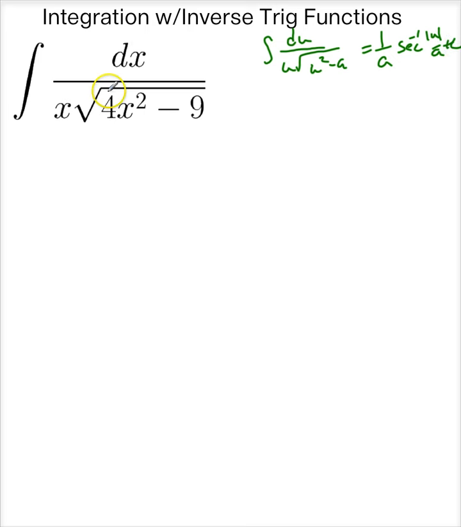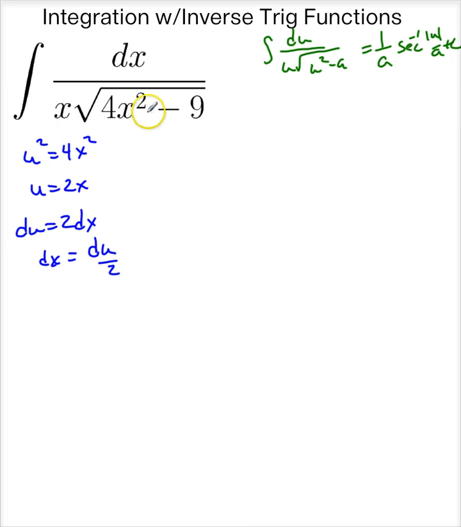So let me break this up. This is always going to be u squared. So u squared is 4x squared. So u is 2x. Du is 2 dx. So dx is du over 2. Now a squared is 9. So a is 3.